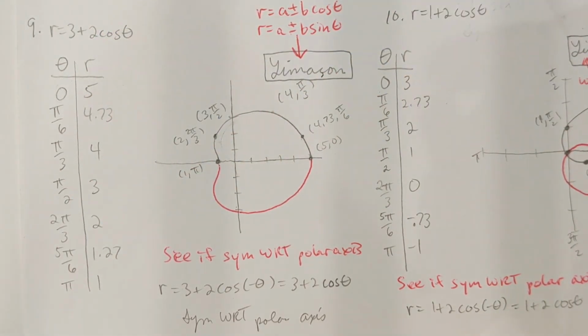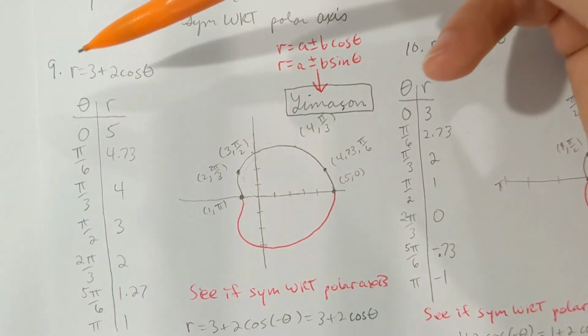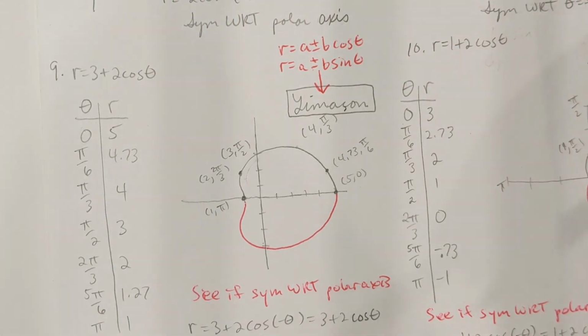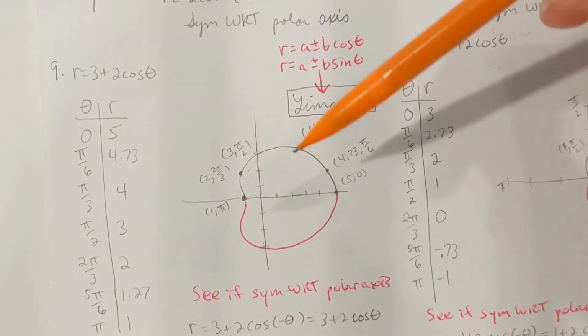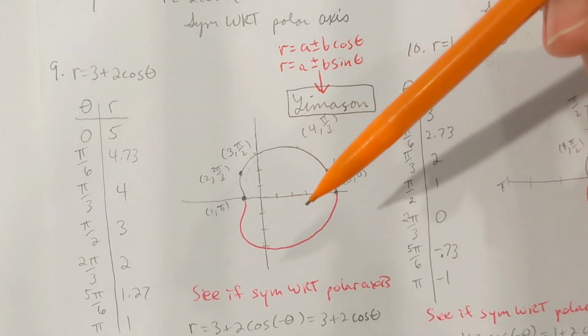Another thing too is if I had the equation r equals 3 plus 2 sine theta, that would also be a limaçon. The only change from what we would have here would be a rotation of 90 degrees.